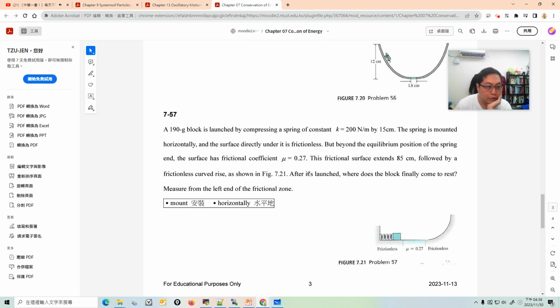It says there's a block of mass M. The mass is a 190 gram block, and it's initially mounted on a spring.